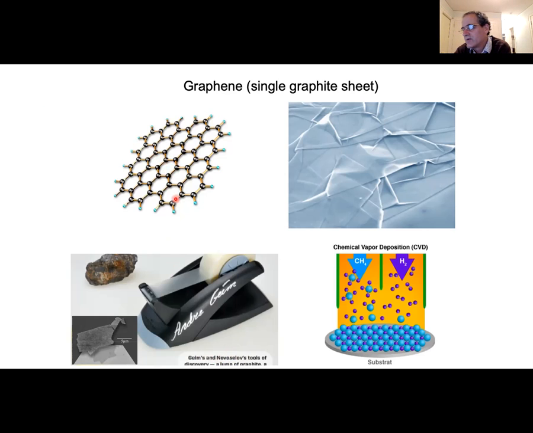And where they got to were single sheets of graphene, one atom thick layers. So here's another two-dimensional material that's made not with a fancy machine, but with Scotch tape. And we've done this in our lab too, and it works pretty well.